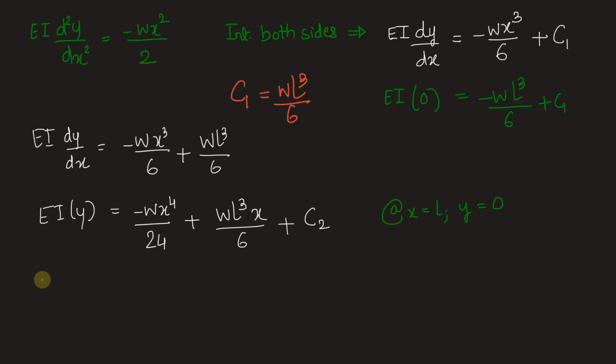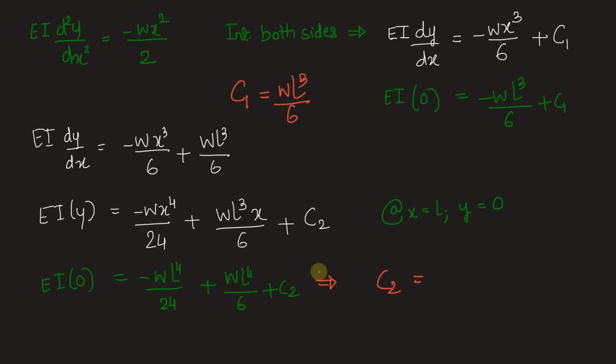So by using that, we have EI into 0 is equal to minus w, x is L, so L to the power 4 by 24, plus wL cube into L is L raised to 4 by 6, plus C2. This gives us the value of C2, as this when goes on the other side becomes WL raised to 4 by 24 minus WL raised to 4 by 6.